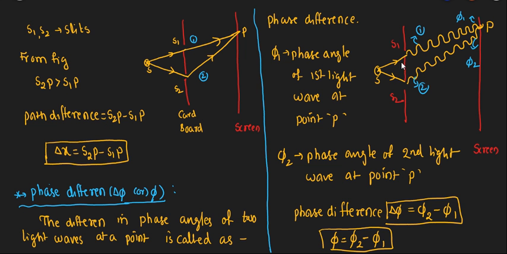When the light is moving forward, its phase angle increases. For every half cycle, the phase angle is increased by 180 degrees. That's why after reaching the point P, the first light wave has some phase angle, phi 1, and the second light ray also has a phase angle, phi 2. The difference in the phase angles is the phase difference.